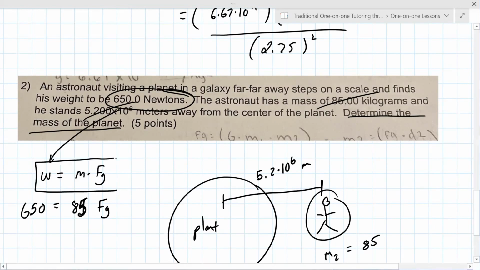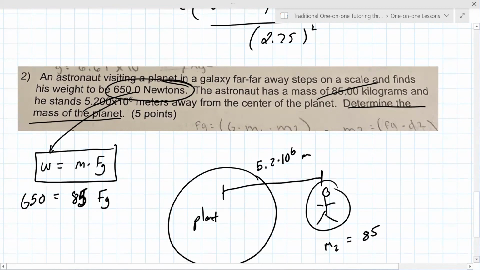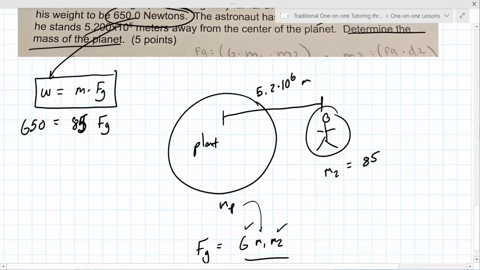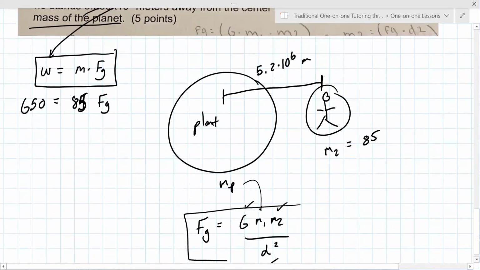There's this one, weight equals FG, and FG equals this whole thing over here. So your force of gravity is 650 over 85. So okay. That's 7.65.